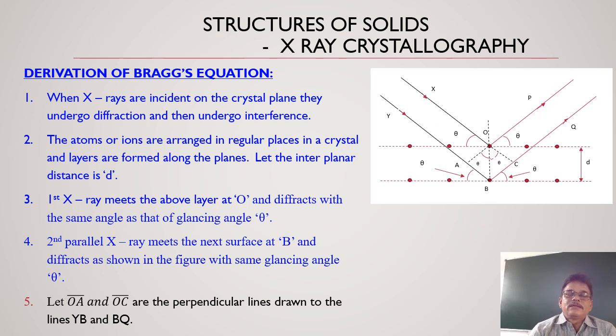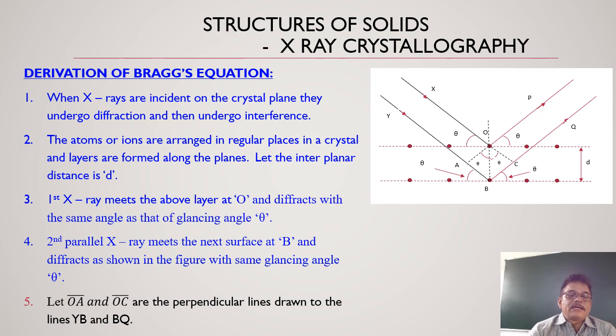In the same way, the second ray is parallel to the first ray, it also will have the glancing angle theta, and again it diffracts with the same angle theta. Okay, so XO and YB are the incident X-rays, and OP and BQ are the diffracted X-rays. These diffracted X-rays now interfere with each other, or they superimpose on each other.